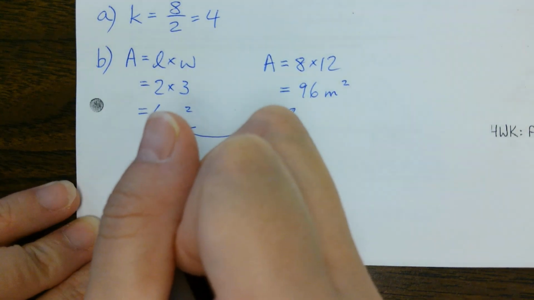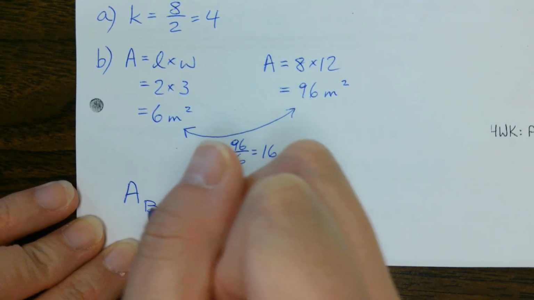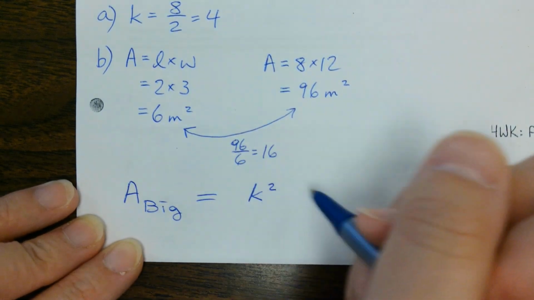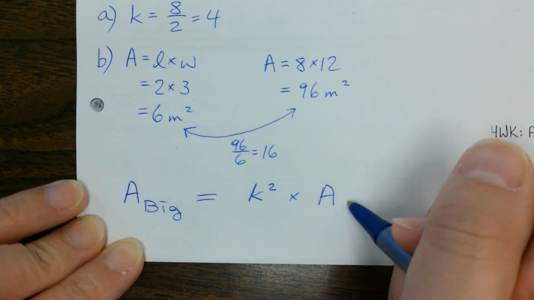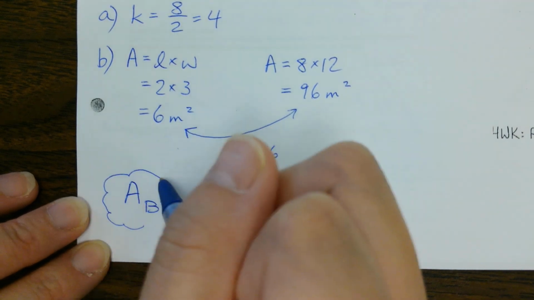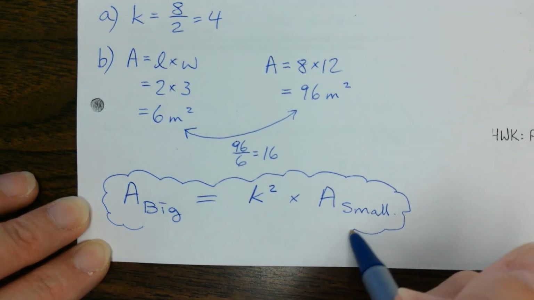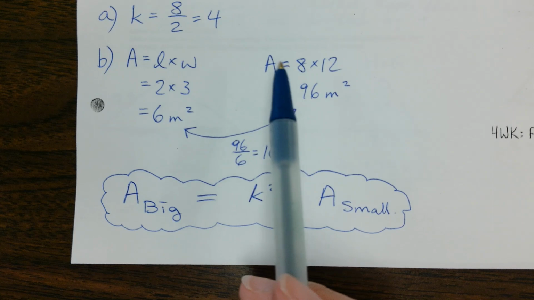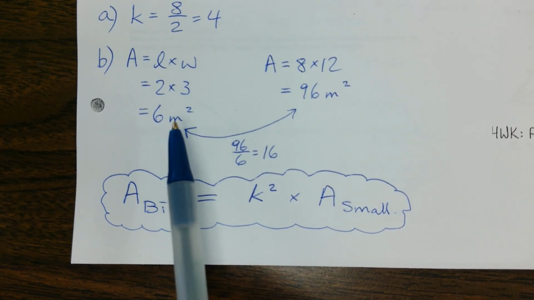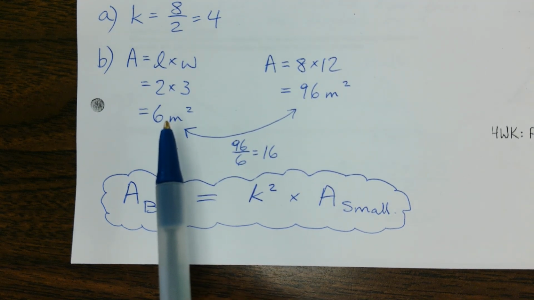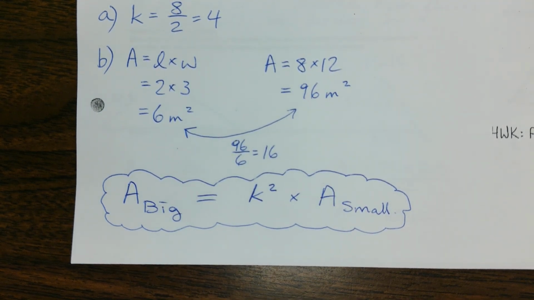So the area of the bigger shape equals K squared times the area of the smaller shape. This is a formula. That's why the area of the bigger rectangle is K squared, which is 4 times 4, 16, times the smaller area, which is 6, and you get 96.